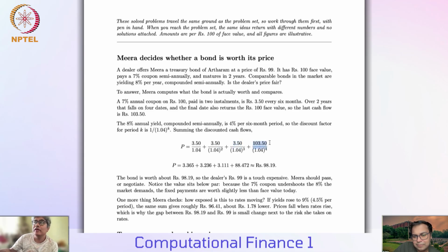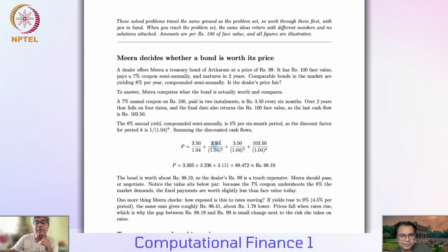And 103.5 is the amount I'm going to get. These are my future payments. And after discounting this 3.5, which I'm going to get 6 months from today, the current value of that future payment is 3 rupees 36 paisa. Right? And then we can see it in that way.